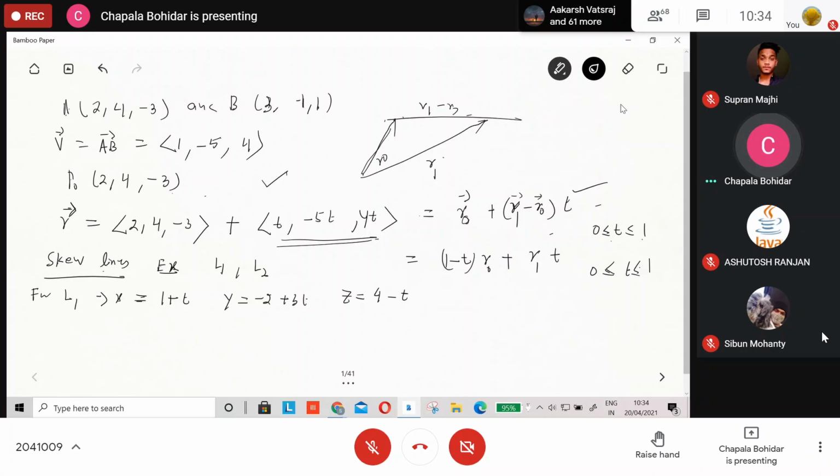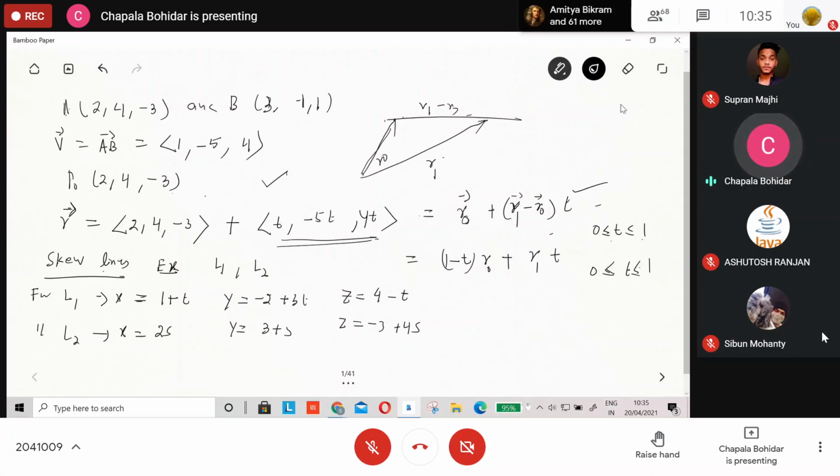And for L2, x is equal to 2s, y is equal to 3 plus s, and z is equal to minus 3 plus 4s.